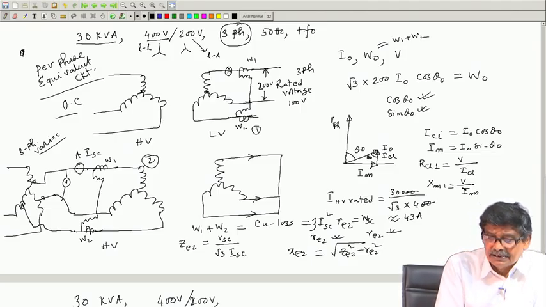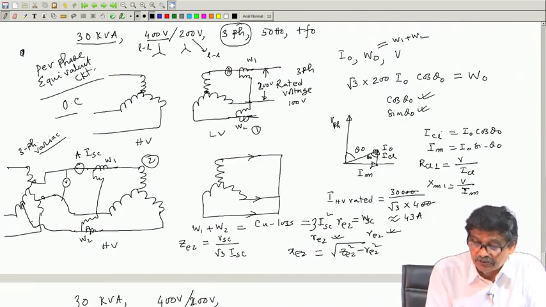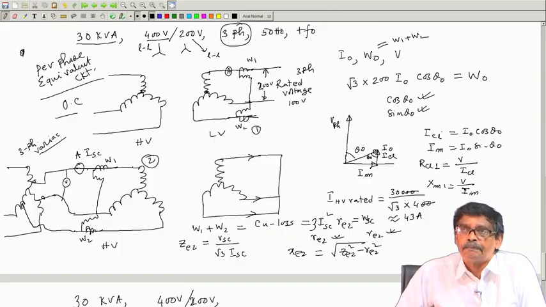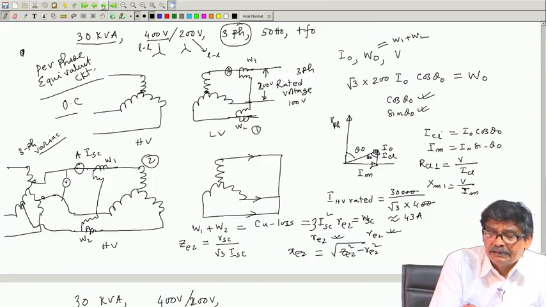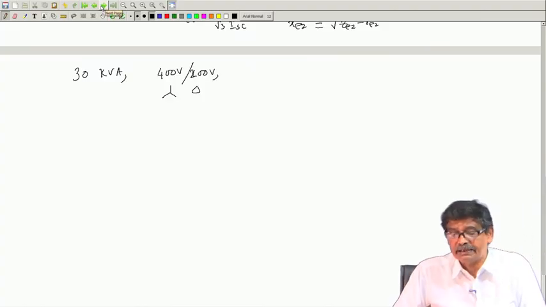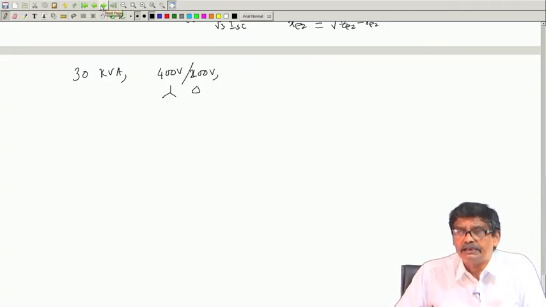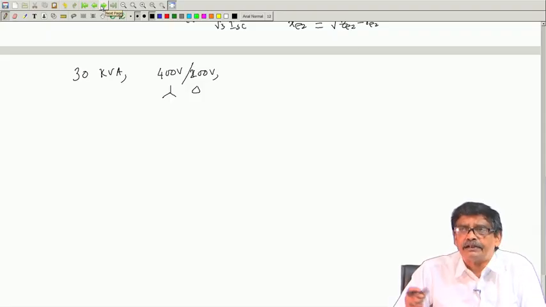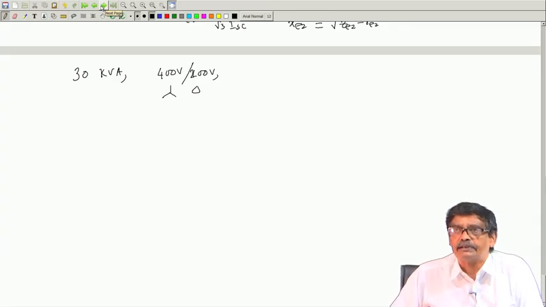We have connected everything in line, ammeter, line to line voltage I measured. I never asked where the neutral is. So, one way of looking at it is to carry out the test in the same way as you have done and imagine as if it is star connected, and then get the per phase equivalent circuit.